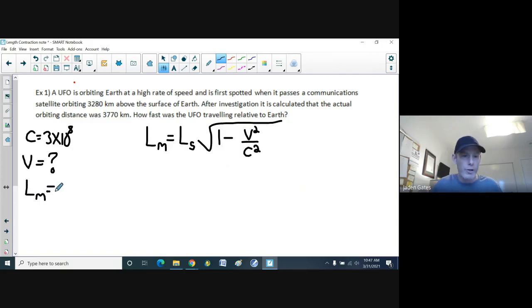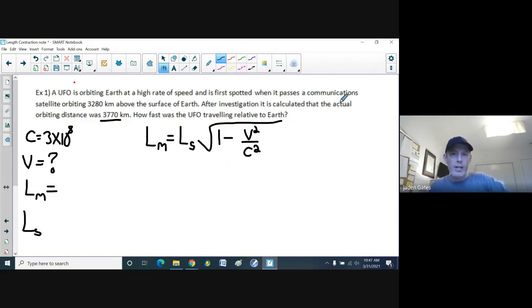Now, we have Lm and Ls. Which one is which? Well, it says that when it's first spotted, it appears to be this far, 3,280 kilometers above the surface. But they can actually calculate that the actual distance was 3,770 kilometers. There's a couple ways to look at this.